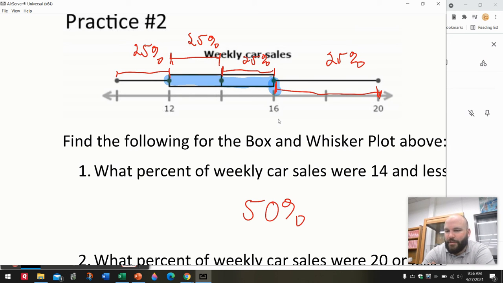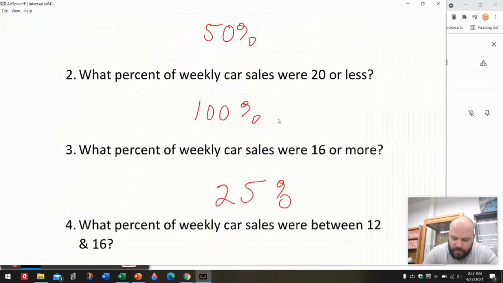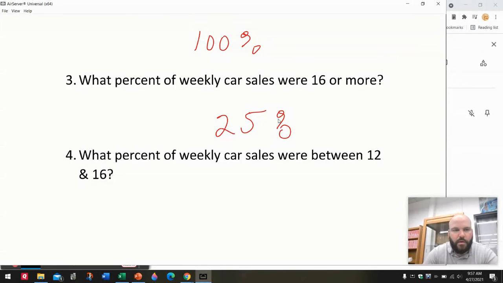That is called the interquartile range. The interquartile range represents 50% of our data. Half of the data will be inside those boxes. You can see 25% plus another 25%. So our answer here would be that 50% of weekly car sales were between 12 and 16. So there you go.